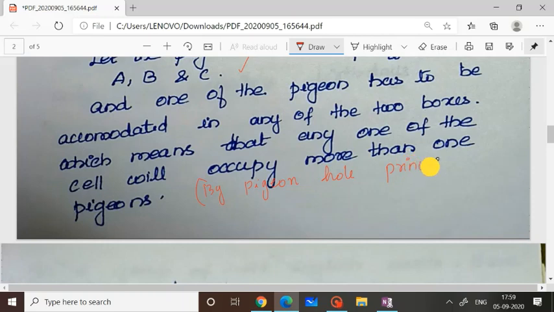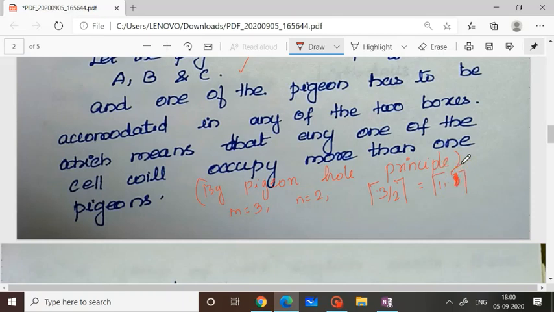The concept is m equal to 3 and n equal to 2 here. Therefore, m should be greater than n. That means the ceiling of 3 by 2. 3 divided by 2 is 1.5.